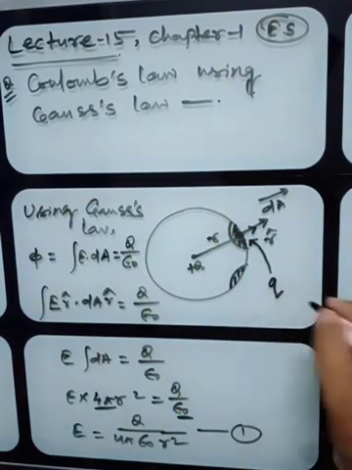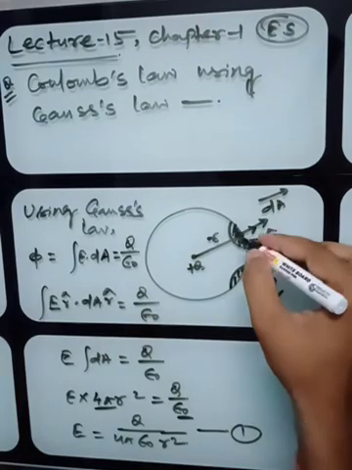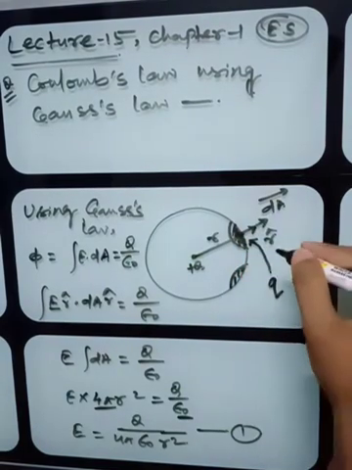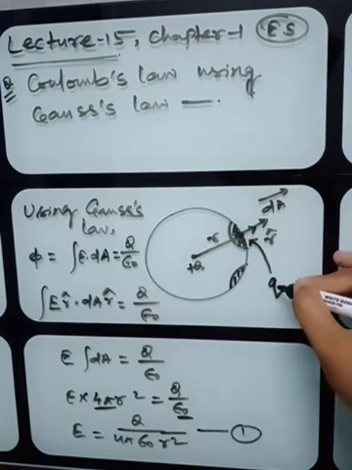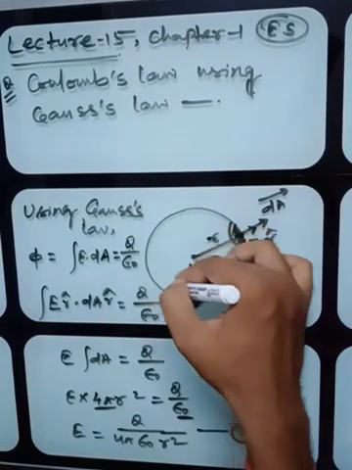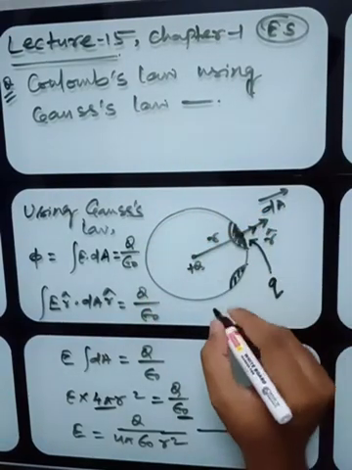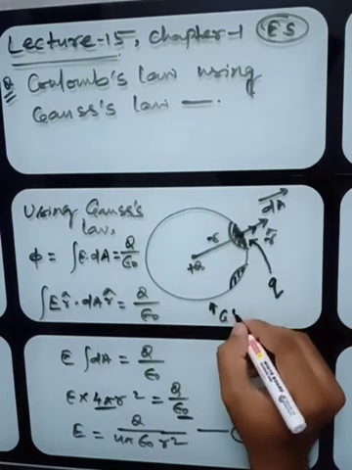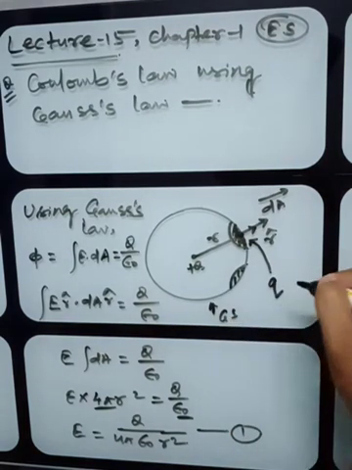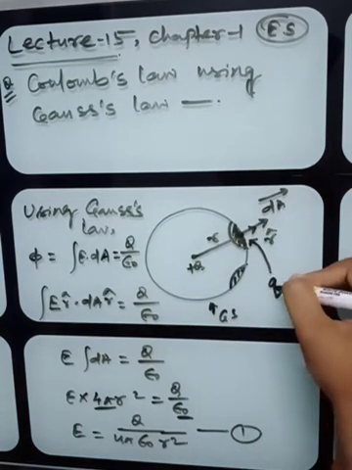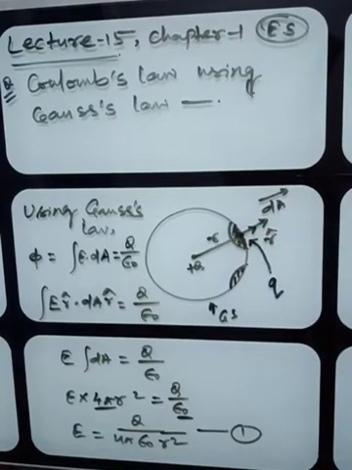We place a small charge q here at the surface. Remember this is the imaginary surface, the Gaussian surface we have taken. Now we place a point charge at this surface.